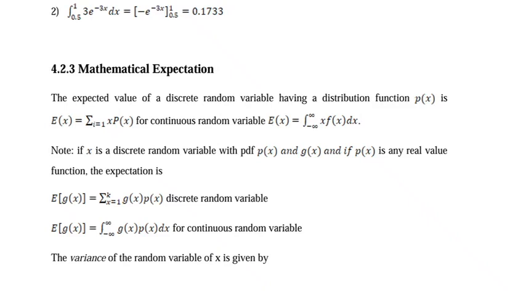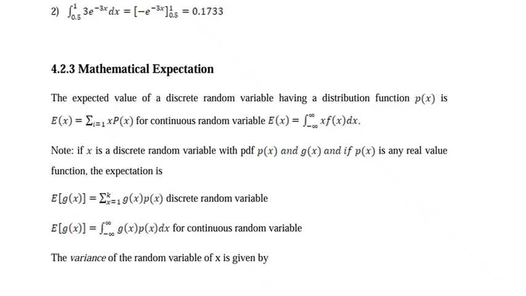Now, if X is a discrete random variable with PDF p of x, and if g of x is any real-valued function, the expectation E of g of X is equal to the summation of g of x p of x, with x ranging from 1 to k. That is for a discrete random variable.